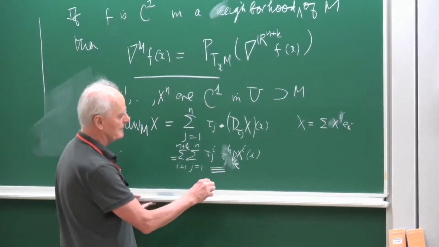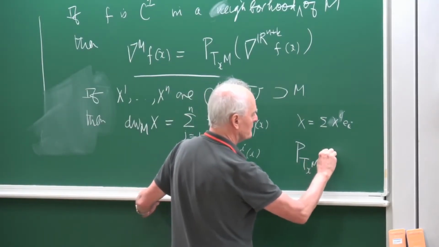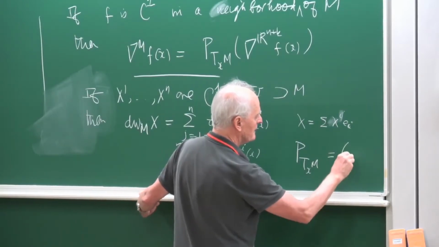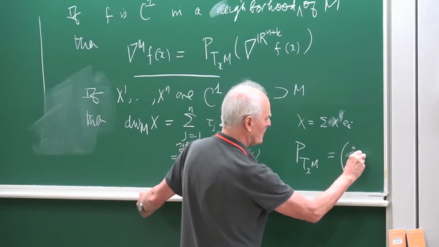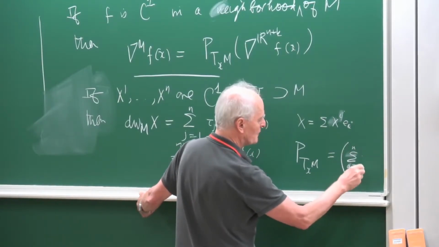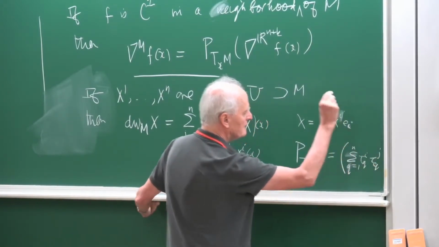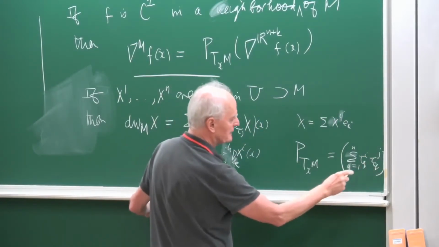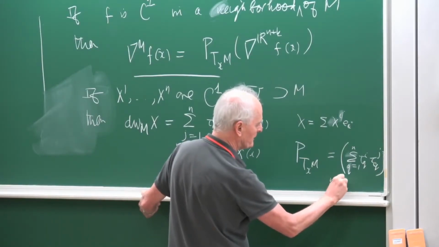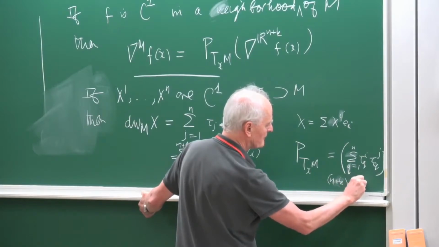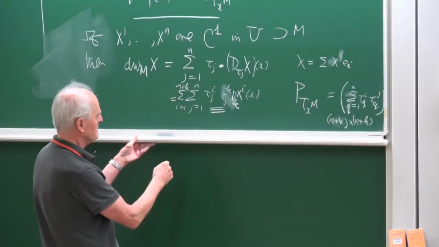So P_TxM is exactly given by a matrix, the sum from j equals 1 up to n, let's call it q, equals 1 up to m, of τ_qi τ_qj. And that's an (n+k) times (n+k) matrix.